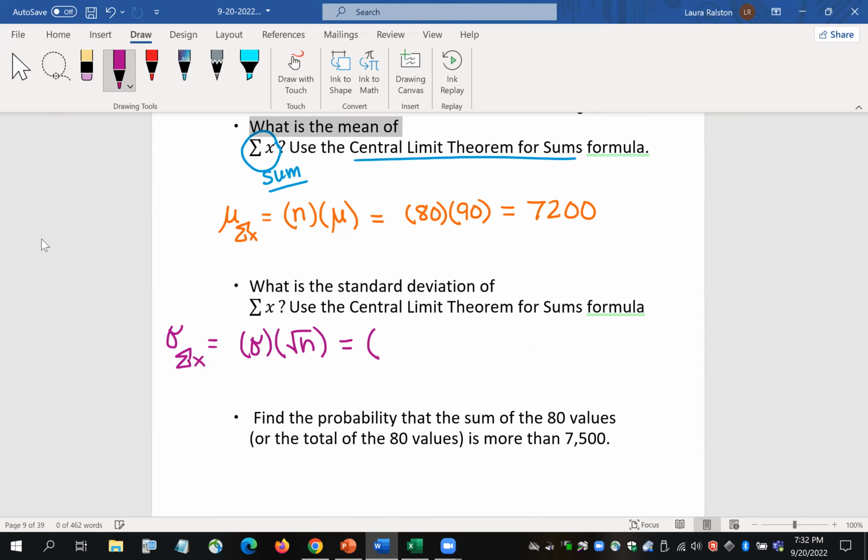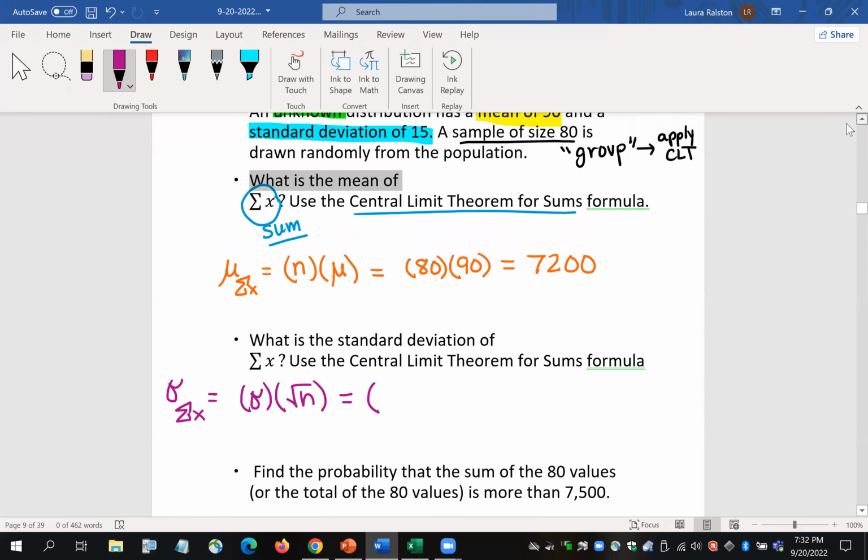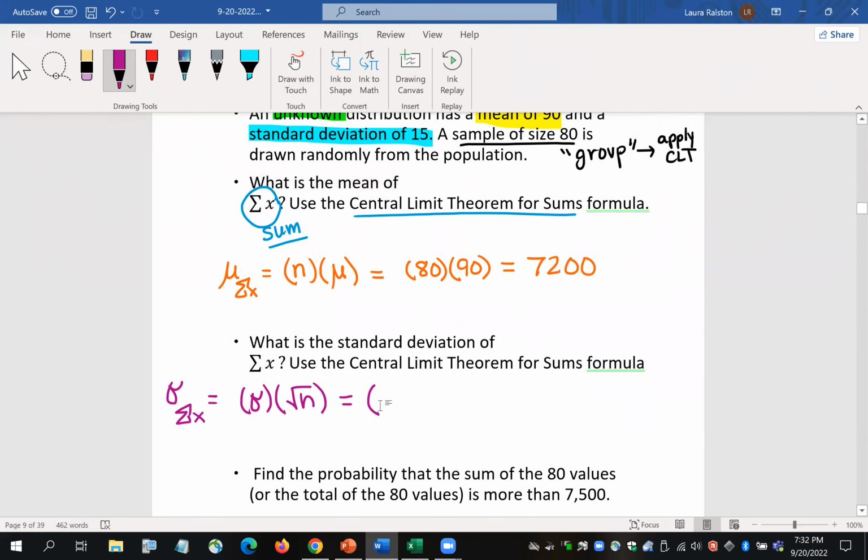So I have the original standard deviation, I don't remember, was 15. And n, or the sample size, was 80. Now this is likely going to lead to a decimal.